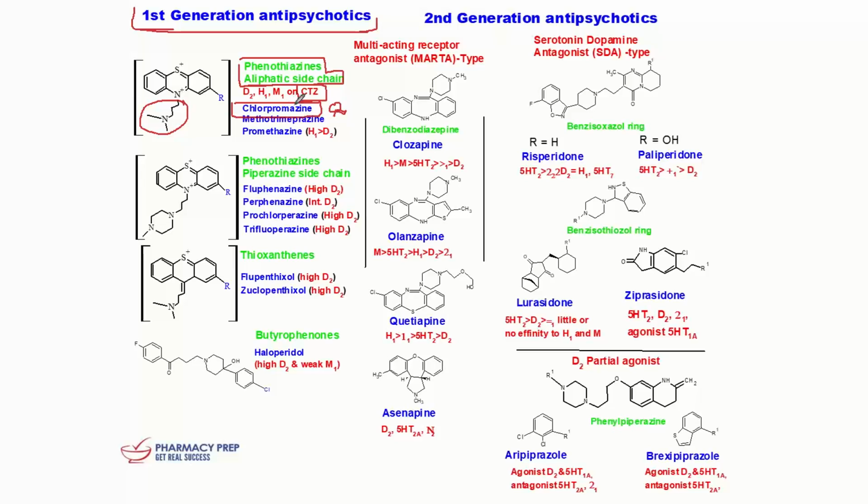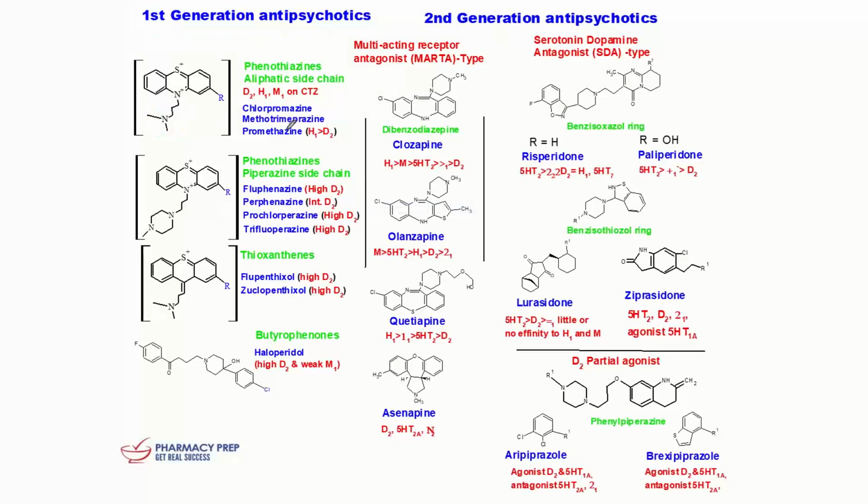Chlorpromazine inhibits those dopamine, histamine, and muscarinic receptors present on the CTZ. That is the main reason it helps to reduce nausea and vomiting. However, since it is non-selective, it can also lead to side effects such as extrapyramidal side effects. Those are a very potential risk of this medication for long-term use patients.